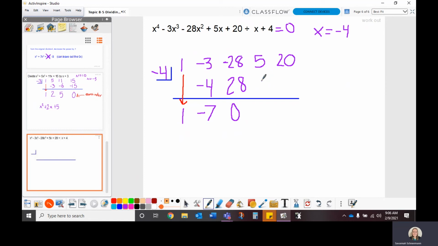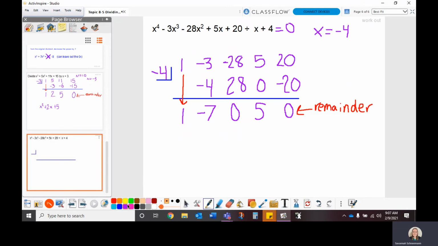So 0 times -4, that is still 0. 5 plus 0 is still 5. And then -4 times 5 is a -20. 20 plus -20 is 0. And remember, this last column is our remainder, which in this case is 0, which makes things super convenient.